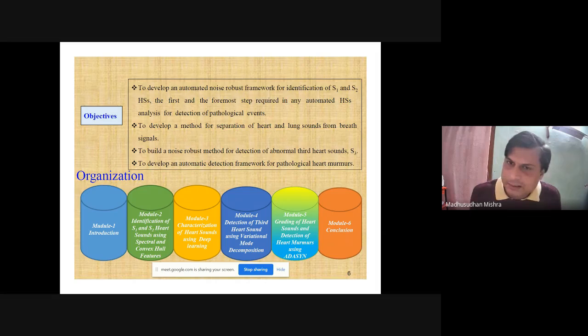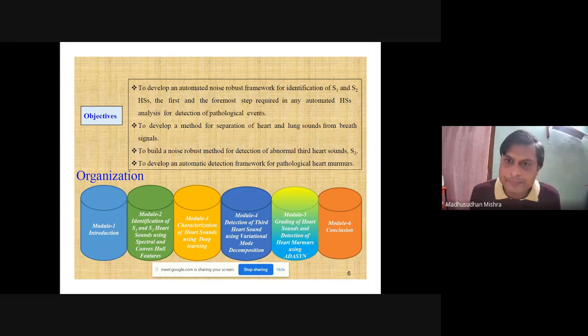We cannot directly apply filters to separate heart and lung sounds from the breathing signals, because the majority of the frequency components of heart and lung sounds overlap, and this is known as spectral overlapping. So we cannot directly use a high pass filter or a low pass filter to separate them.